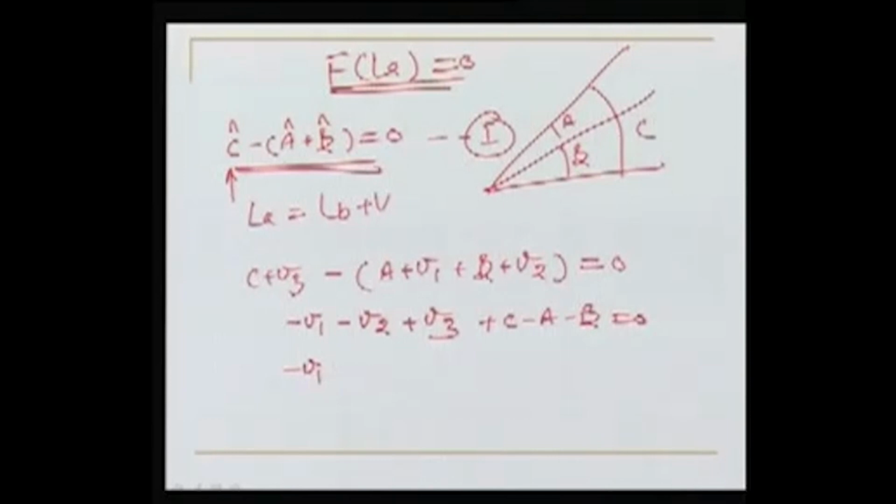So minus V1 minus V2 plus V3, this is all equal to A plus B minus C, and this is a constant F. If I write this entire thing again over here, minus V1 minus V2 plus V3 is equal to F. We want to write it as AV is equal to F. So our V is V1, V2 and V3.